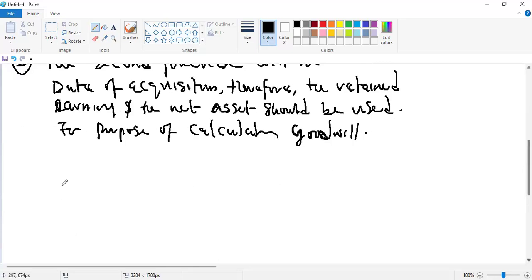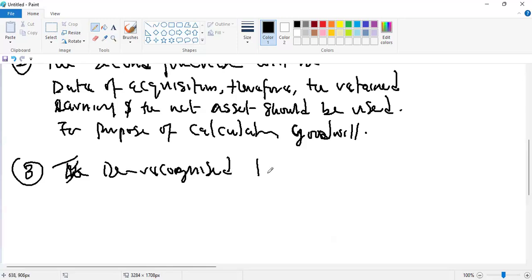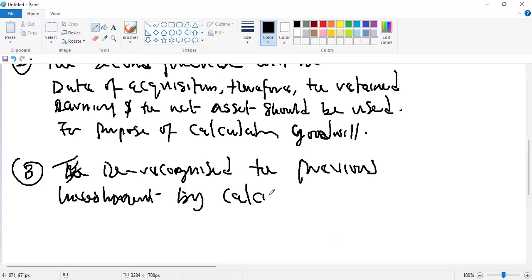Then we would recognize the previous investments by calculating gain or loss on previous investments.